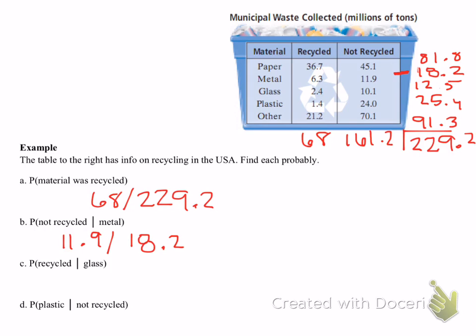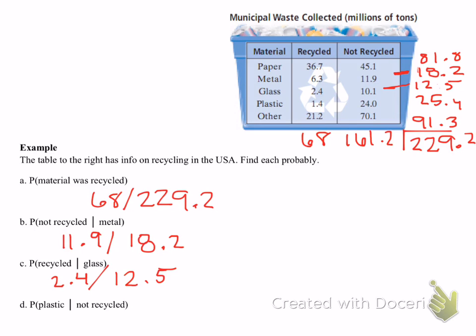Letter C, find the probability the material is recycled given that it is glass. So my glass total is 12.5, so I would start that as the bottom. And of that 12.5, that's made up of these two numbers, 2.4 and 10.1, and I need the value that represents recycled glass, so that's 2.4.